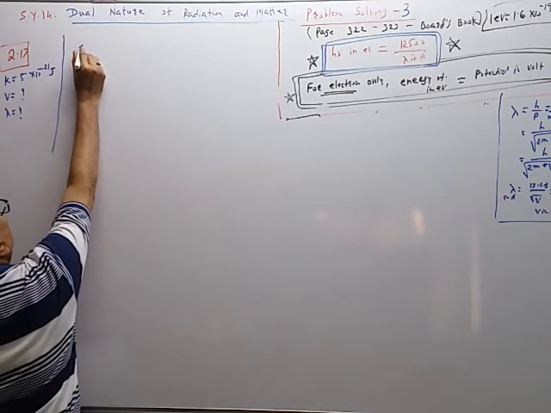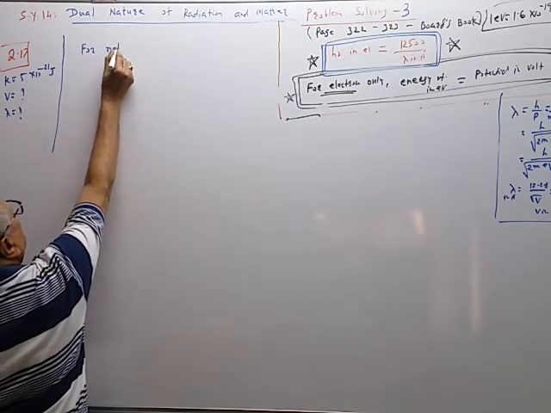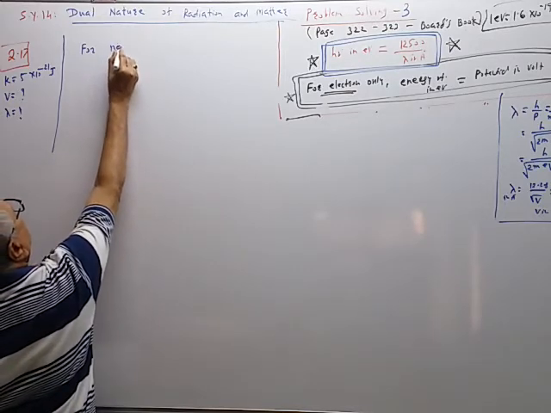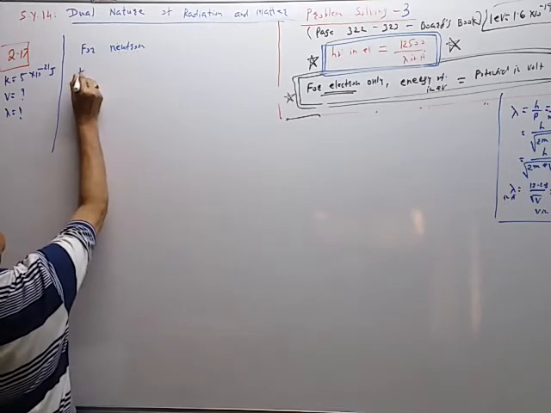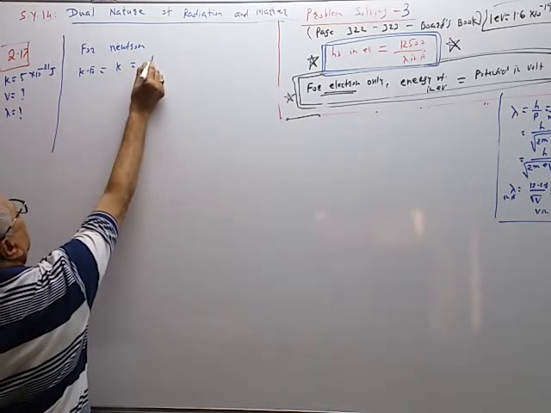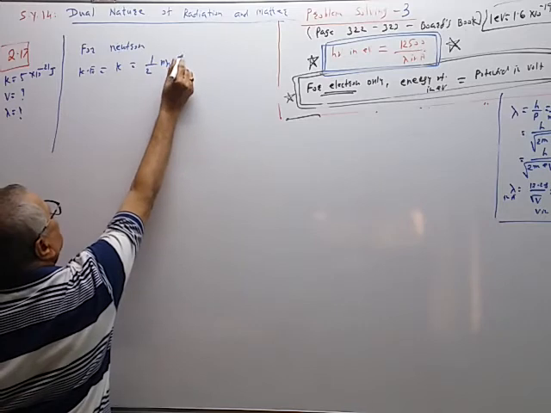So for neutron, kinetic energy K is equal to 1/2 mass of the neutron into V square.